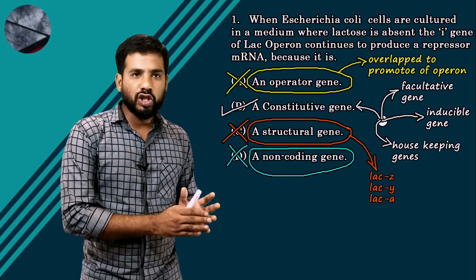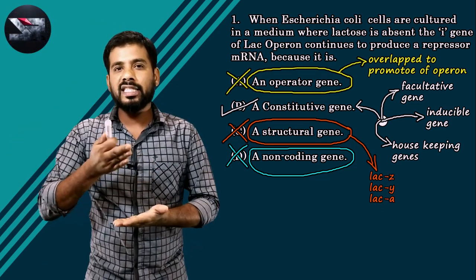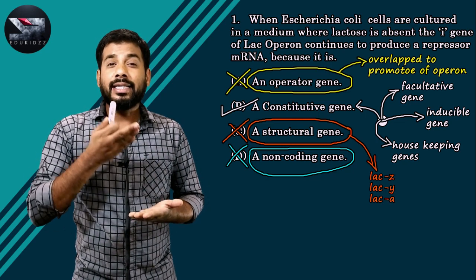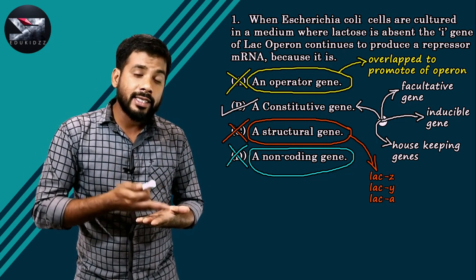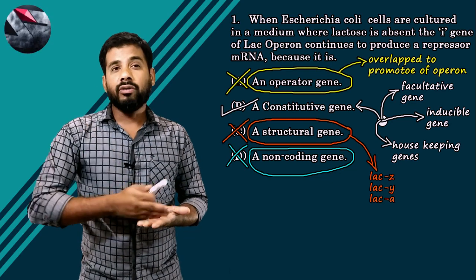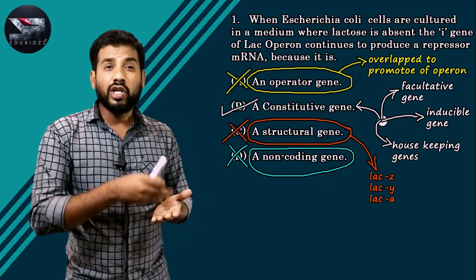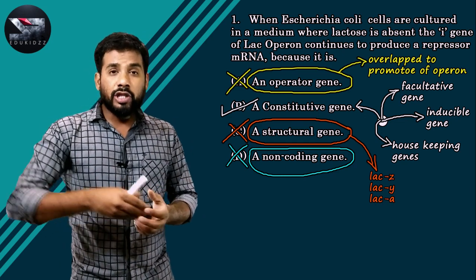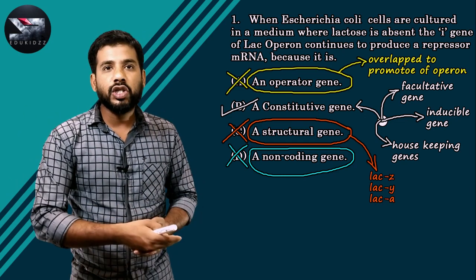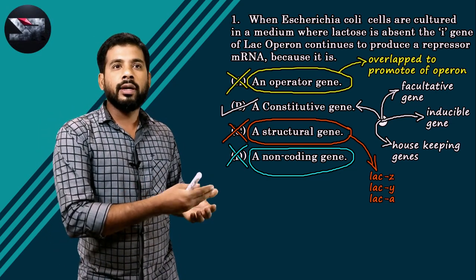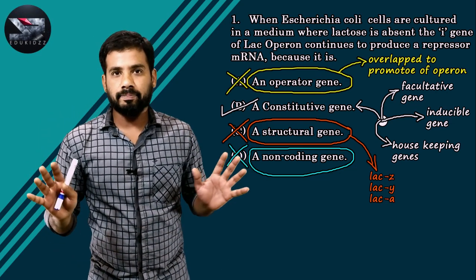If you take the second type, the facultative gene, it is transcribed whenever it is needed for the organism. Now the third type is the inducible gene: genes which express in response to either the environmental condition or in response to changes that depend upon the position in the cell cycle.